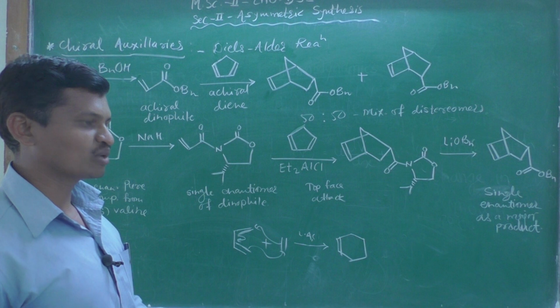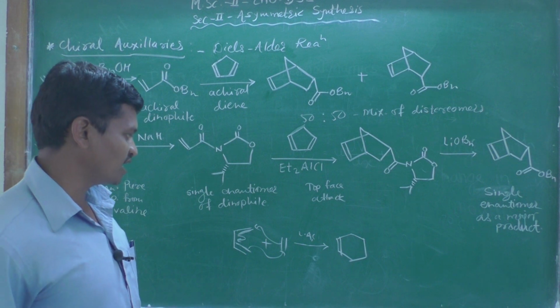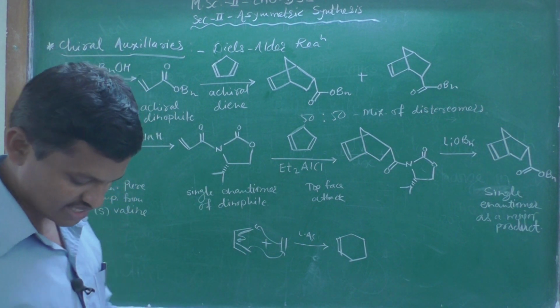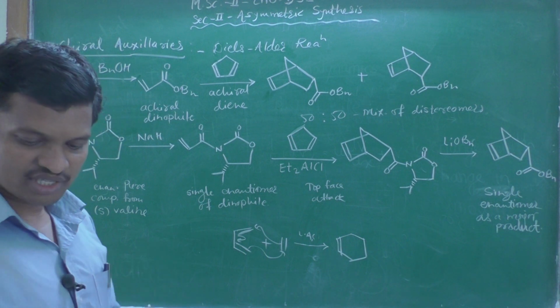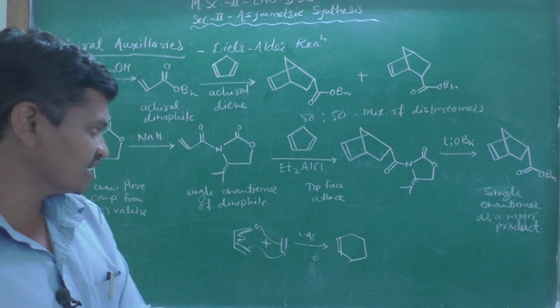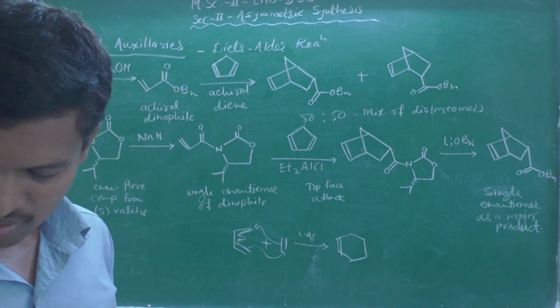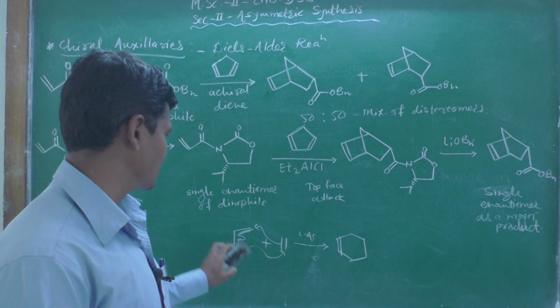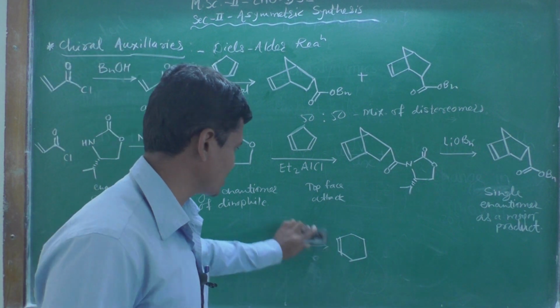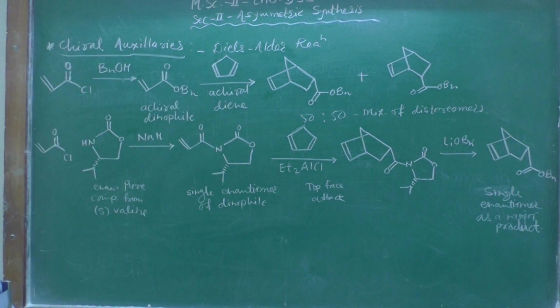There is a movement of electrons in a cyclic manner, and that's why this reaction is called a cycloaddition reaction. We are not going to see details about the Diels-Alder reaction, but as a point of reference I am showing what is meant by a Diels-Alder reaction. This is one type of Diels-Alder reaction shown in this example.